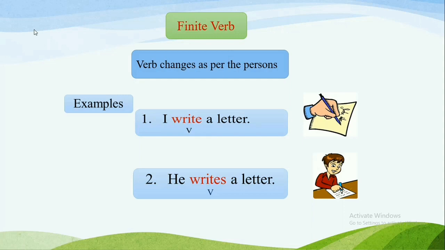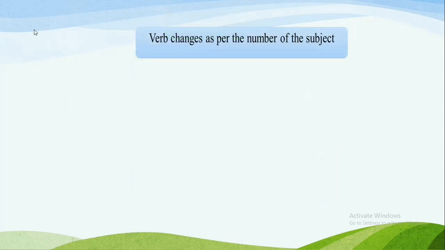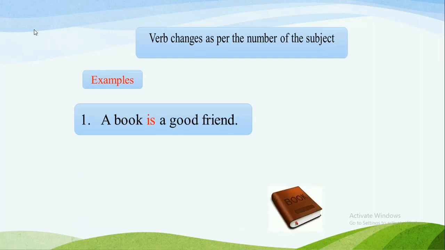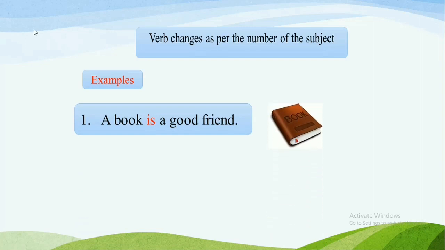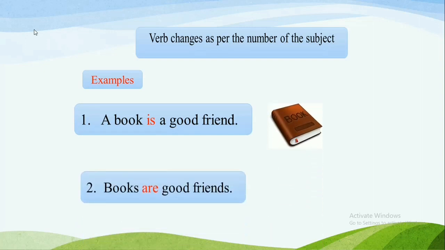Let's look into the examples of verbs that change as per the number of the subject, that is, singular or plural. Examples. A book is a good friend. Another sentence is books are good friends.